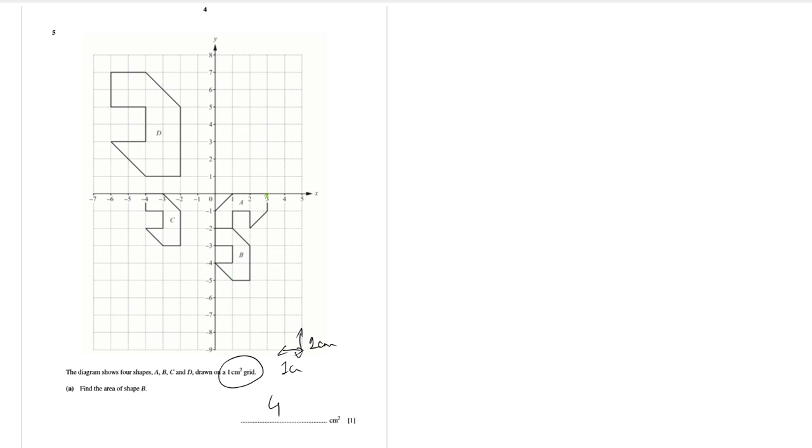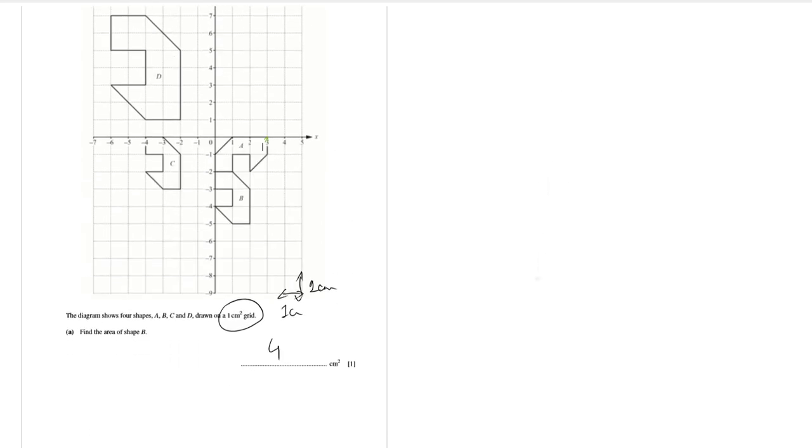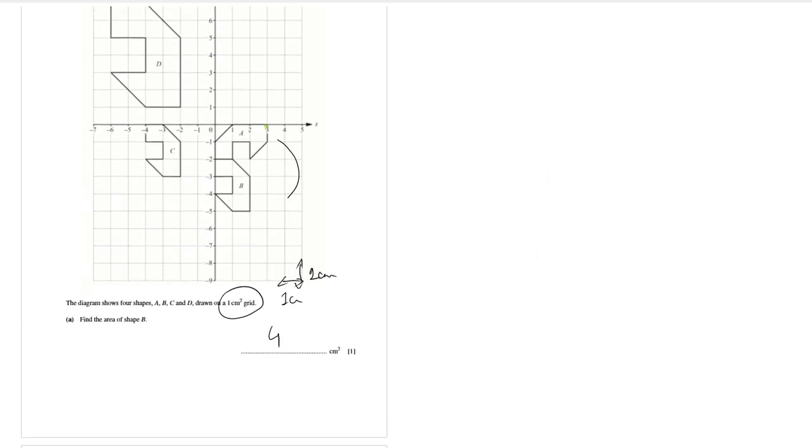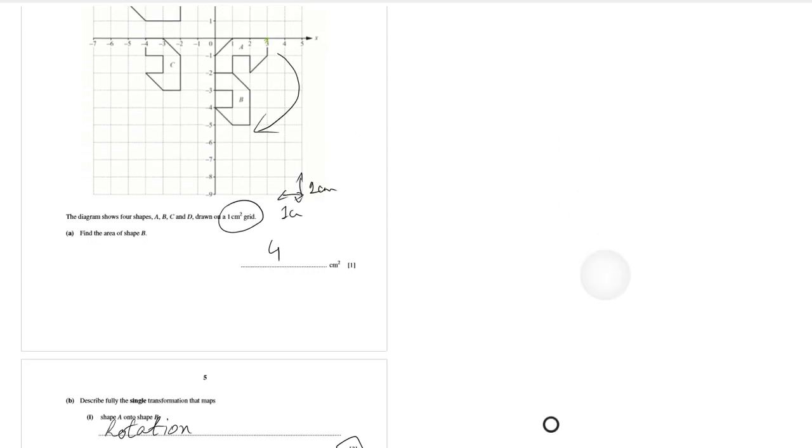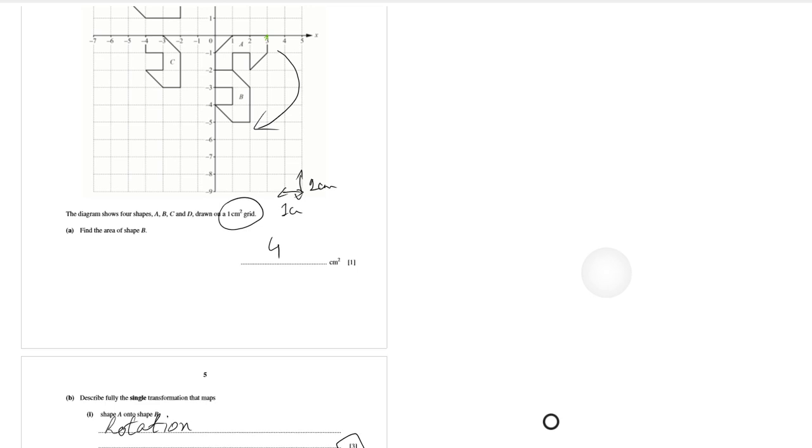And we can say easily it's A onto B. So this is the rotation. And a rotation question is also always of 3 marks. And how can you justify? You can tell this is rotation, and as I have already drawn the direction, it is rotation 90 degrees.